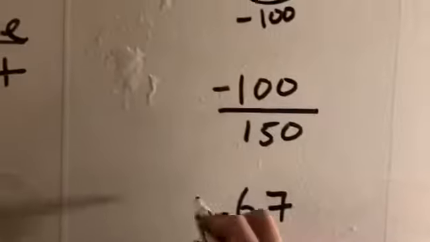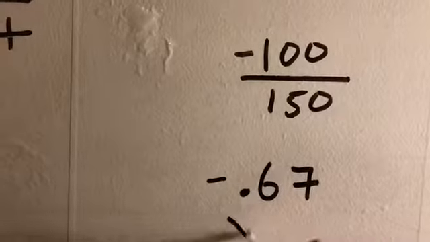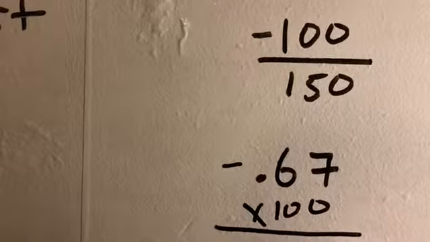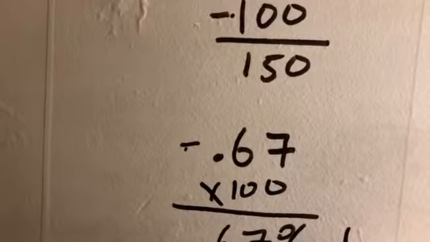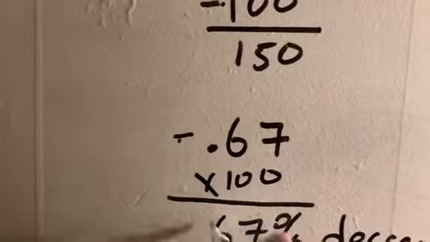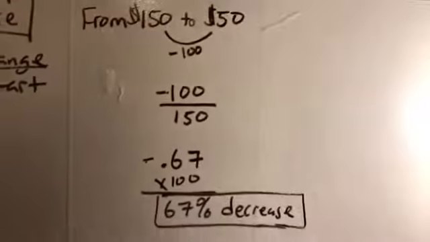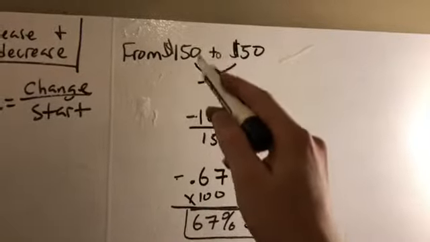Divide and we get negative 0.67. Now I need that decimal as a percent, so I'm going to multiply by 100 and get 67%. And since we were going down, that's a 67% decrease. So your bank account saw a 67% decrease when it dropped from 150 to $50.